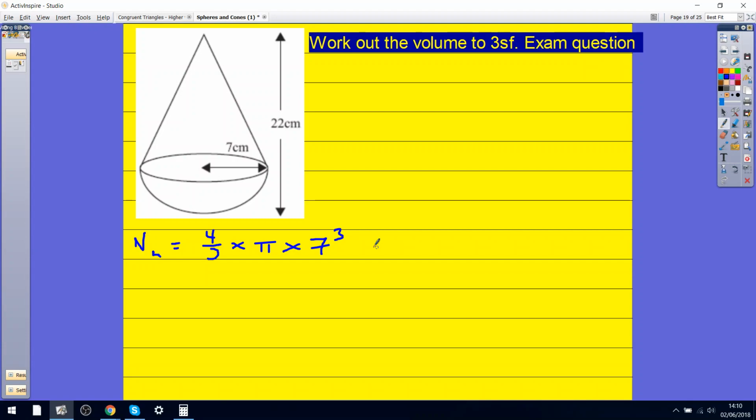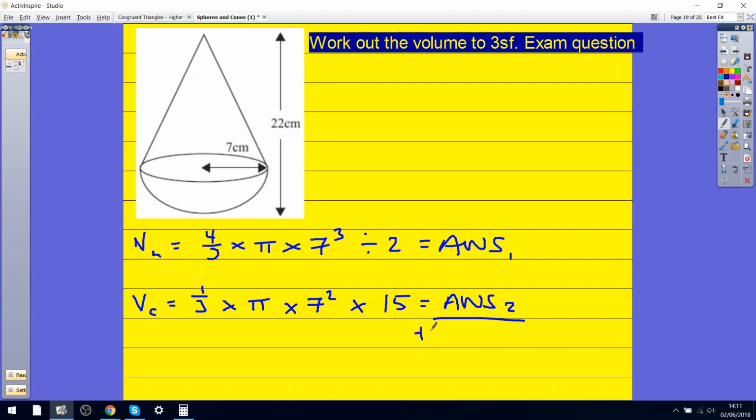That's the height of the cone and hemisphere. Times 15. Yes, you'd take it away. That's it. Any questions there? Yeah, so you just have to watch that thing.